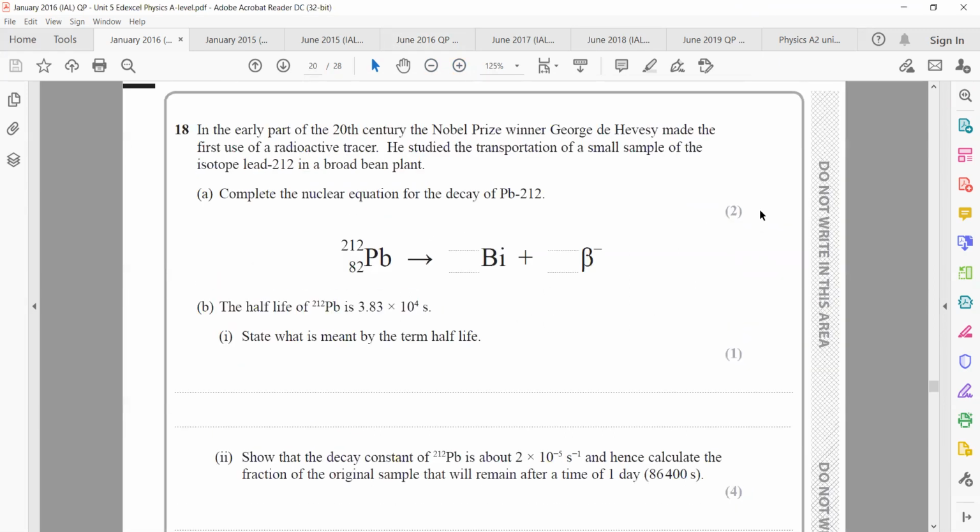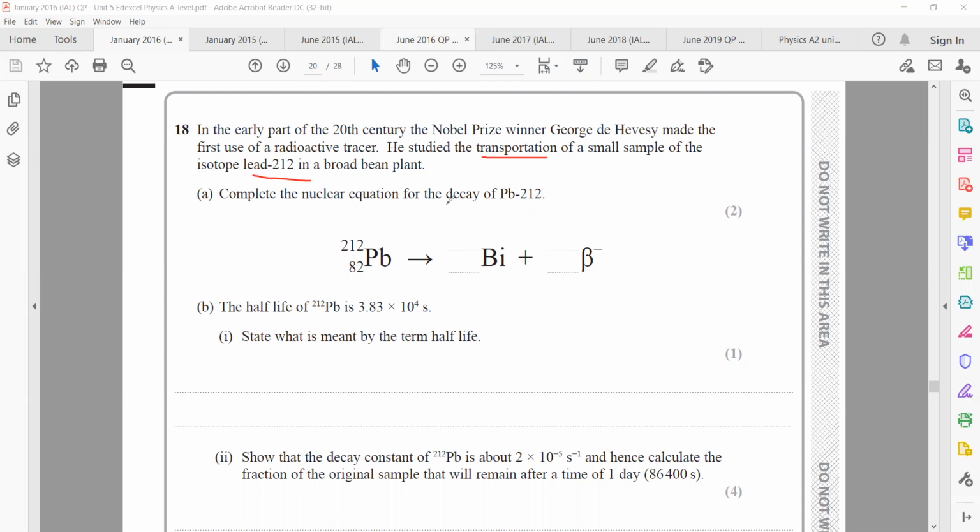In the early part of the 20th century, the Nobel Prize winner George de Hevesy made the first use of radioactive tracers, and he studied the transportation of a small sample of an isotope of lead in a broad bean plant.